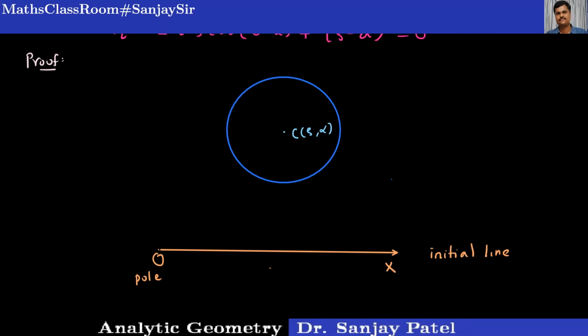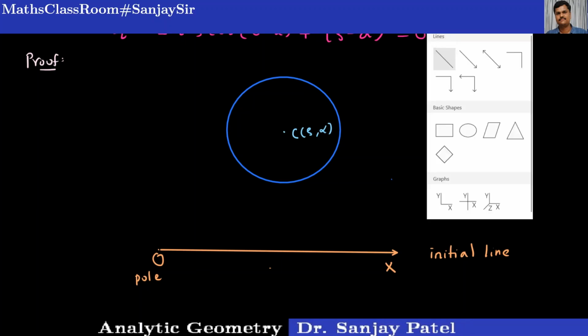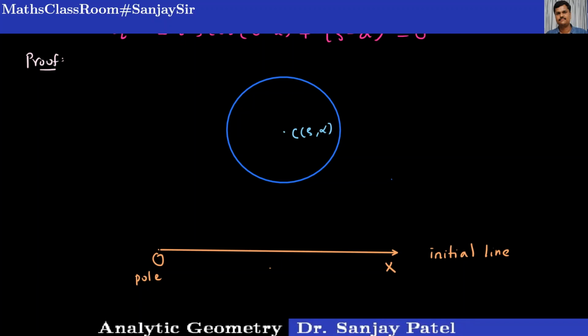If we join the center and this pole, then this distance CO or OC is equal to rho, and the angle made by this line segment OC with the initial line is alpha.